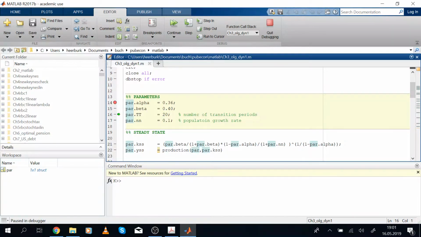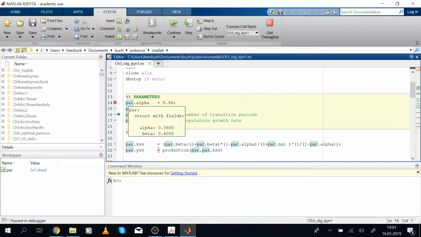In lines 14 and 15 we have assigned the value 0.36 to alpha and 0.4 to beta. You can also look up these values if you move the cursor on top of the variable. So we have created what is called a structure, par for parameters, and these are our global variables which we will pass on to other functions that we call.